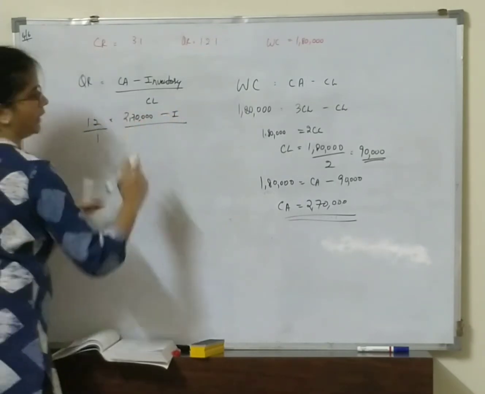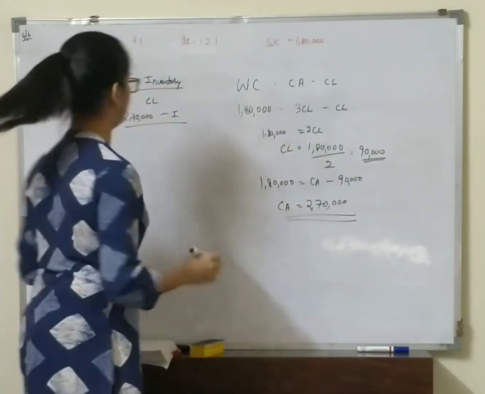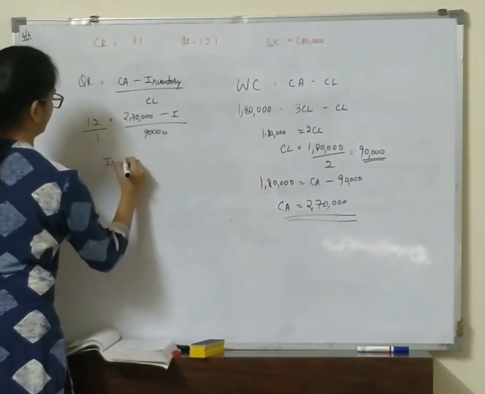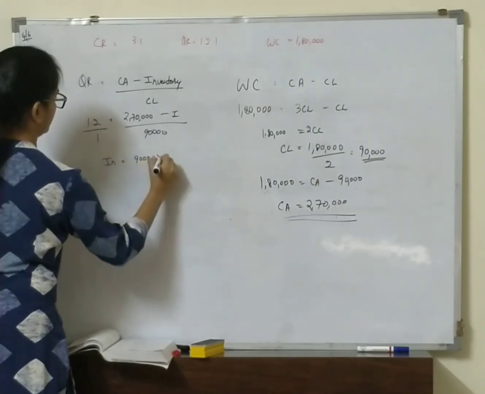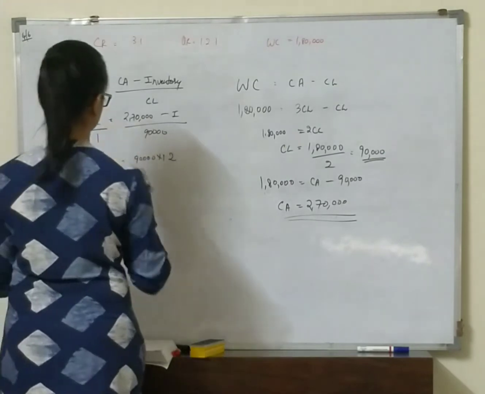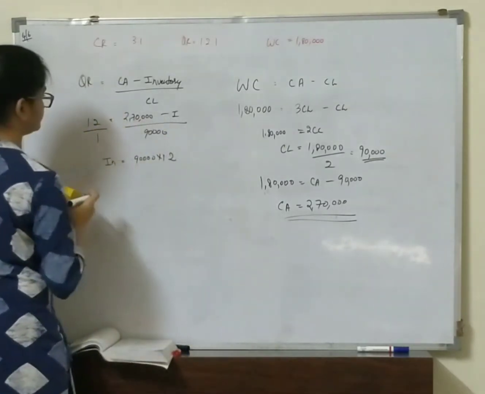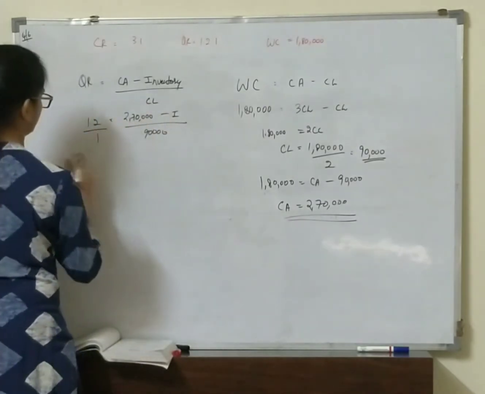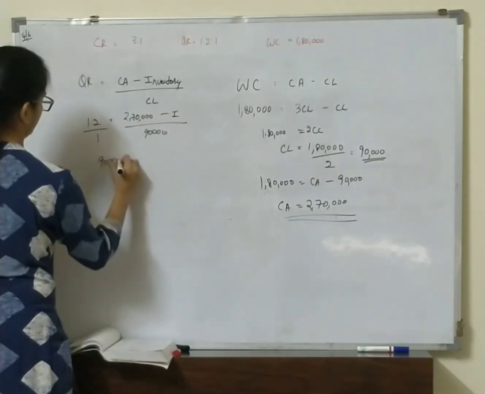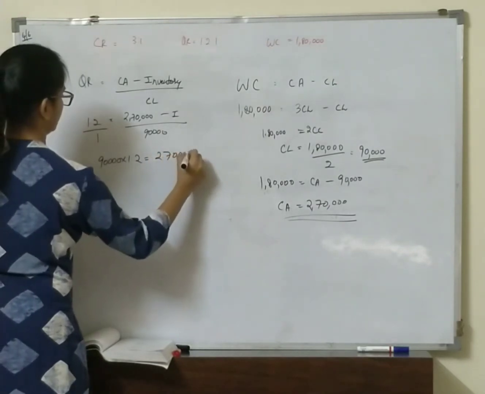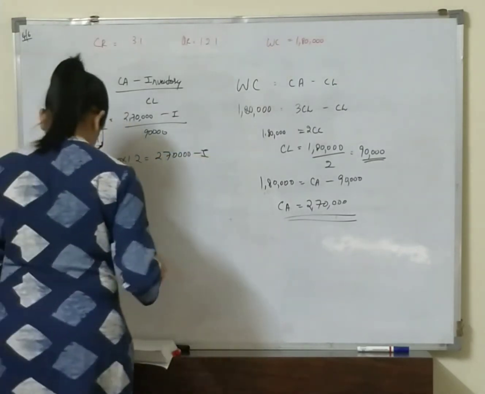We know what is current liability, 90,000. So what will be the amount for inventory? 90,000 into 1.2 is equal to 2,70,000 minus inventory.